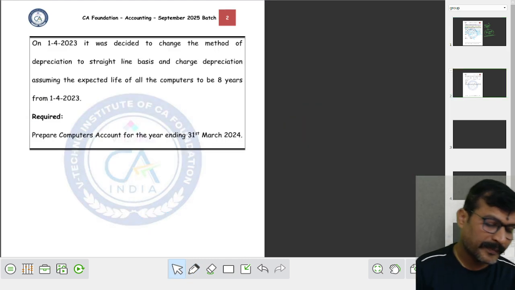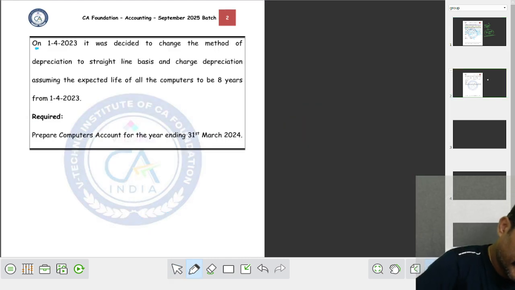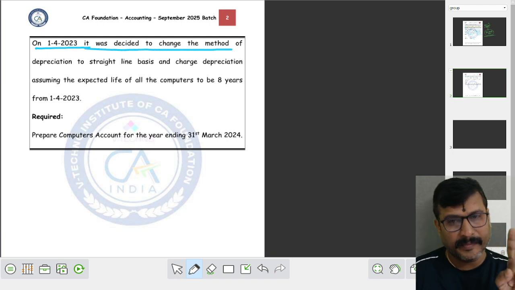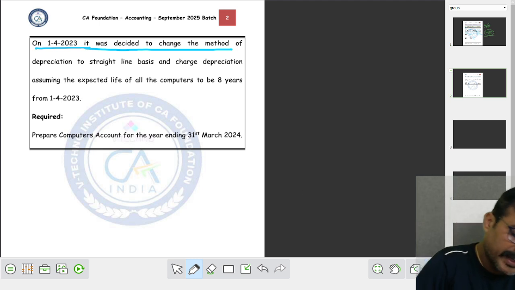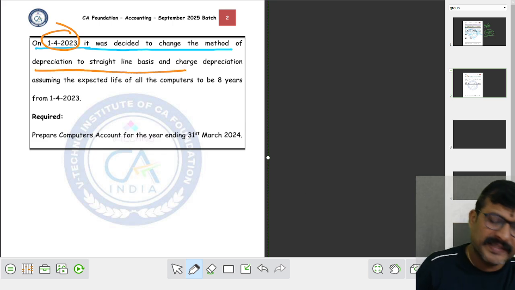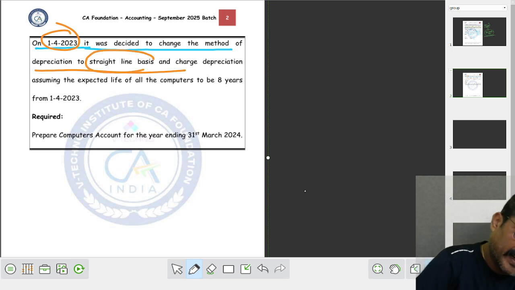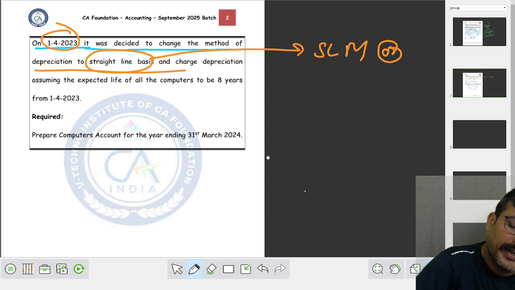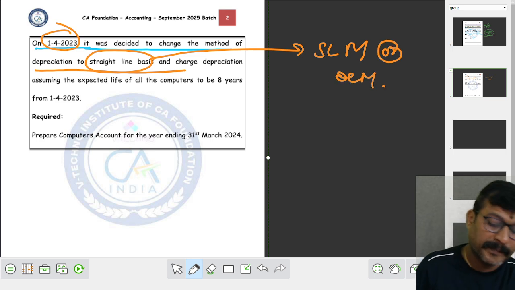See what happened. On 1st April 2023, it was decided to change the method of depreciation. My dear student, on April 23 they decided to change to the straight line method basis. Straight line method, or we can call it the OCM method.